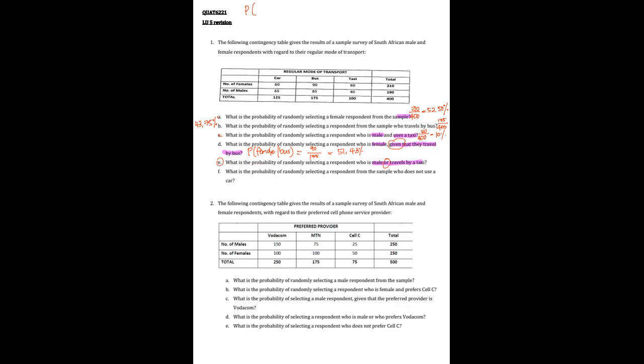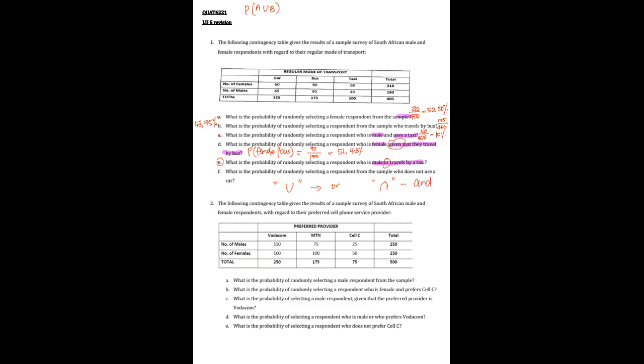So the general formula will say the probability of A or B. This is a symbol that denotes the word or. It looks like the letter U, except it doesn't have the line there. And the upside down version, the opposite of that, is and.